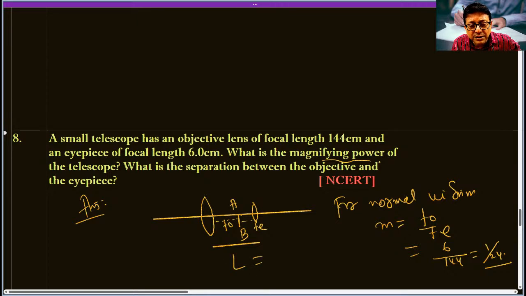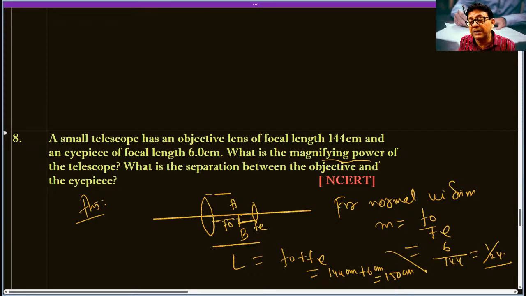And the length between which they are kept, that L is going to be FO plus FE, because the image is formed at the focus. This part FO, this part FE, so we add these two. This is 144, 150 centimeter. Clear? Understood?